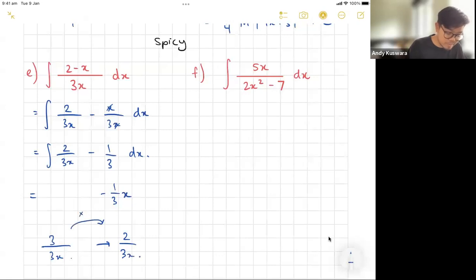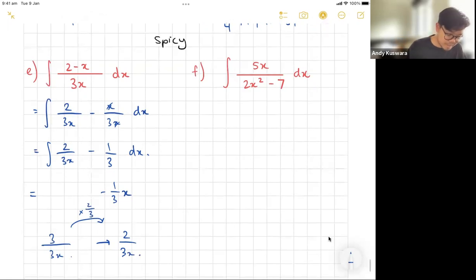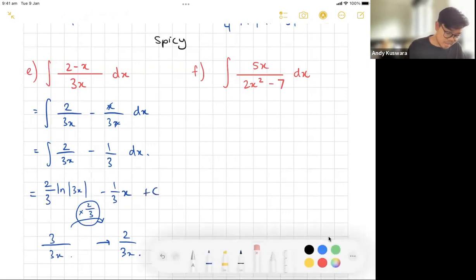Well, I'd have to multiply it by 2 over 3. So in other words, that's what I'm going to take out here. So I'm going to have 2 on 3 out here, I'm going to have my ln of 3x, and then I'm going to minus that 1/3 x, and I'm going to plus c. And that would be your answer there.